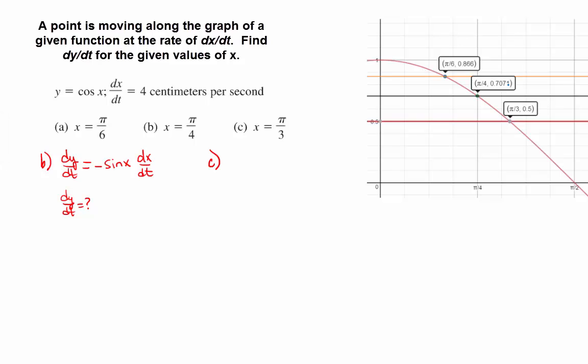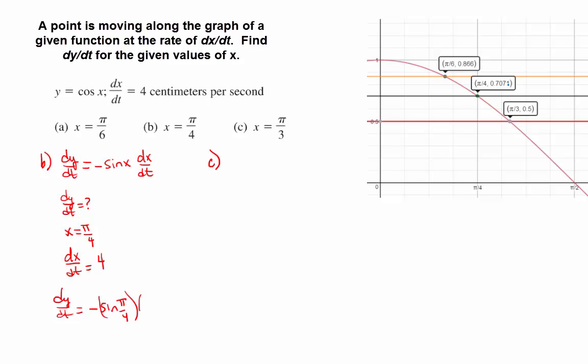So we're looking for dy dt, and we have x equals pi over 4, and we have dx dt equals 4. And so we're going to have dy dt is equal to negative sine pi over 4 times 4.